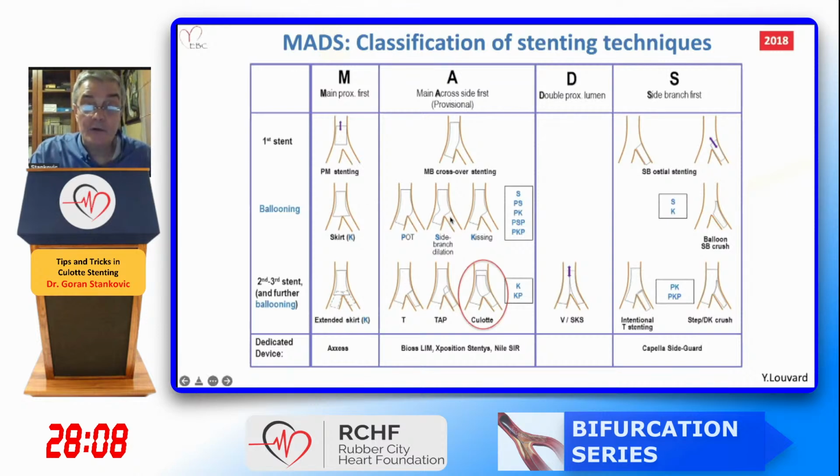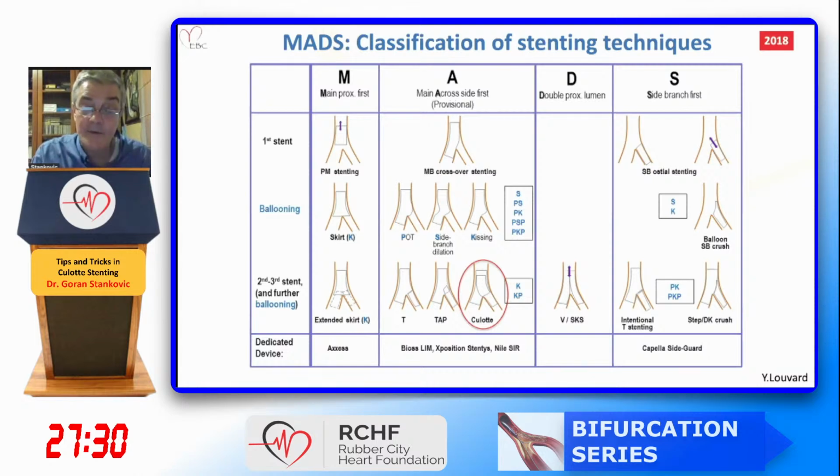Then if we want, we can do side branch opening, but in that case, because of deformation, we recommend repeating with kissing to correct this. And if we need a second stent, and as I tried to mention, it's nearly not rhetorical, we put a second stent, and there is no mistake or fault in using two-stent strategies.